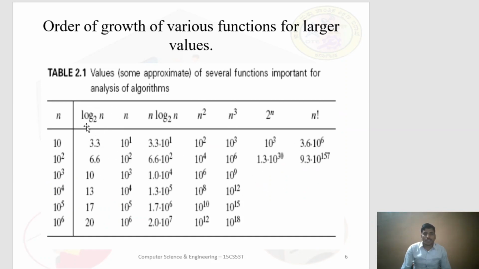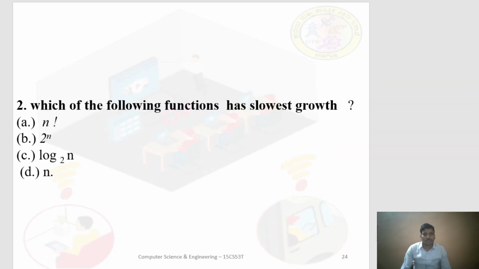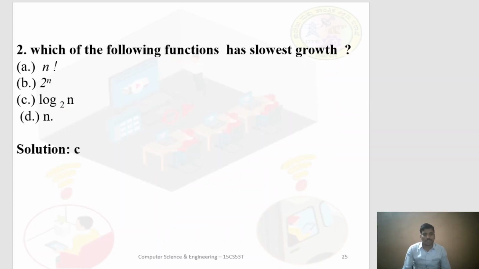For a logarithmic function we are getting lower values compared to other functions. Hence the answer will be the logarithmic function. Option C, which is the logarithmic function.